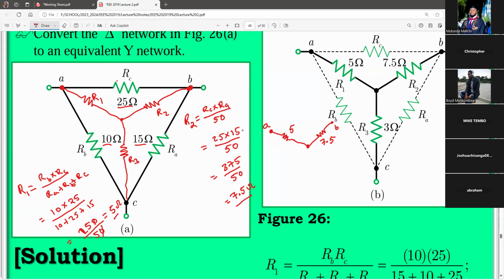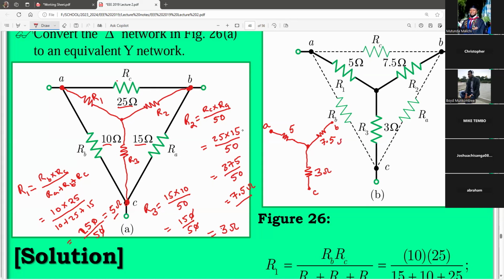This is the Y resistor that is connected to point C. So that one, if you come to point C there, you agree with me that R3 is equal to 15 times 10 over 50, which is 150 over 50, to give us 3 ohms. Okay, so we have 3 ohms there.